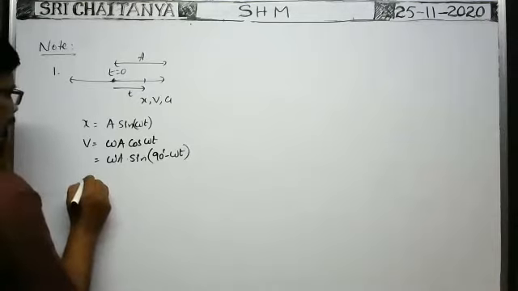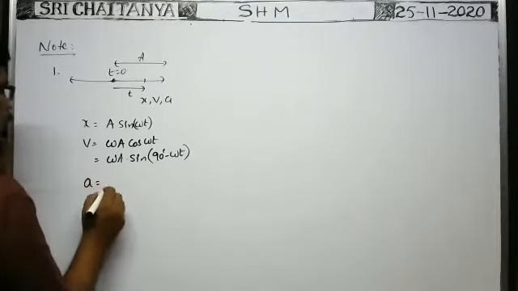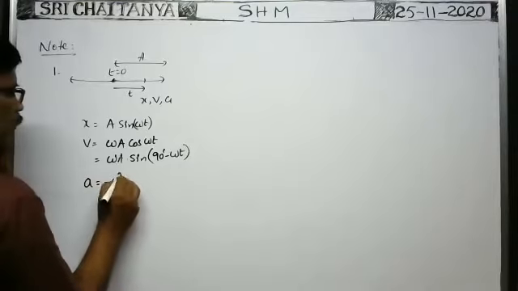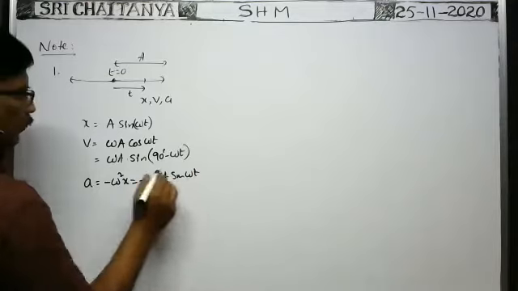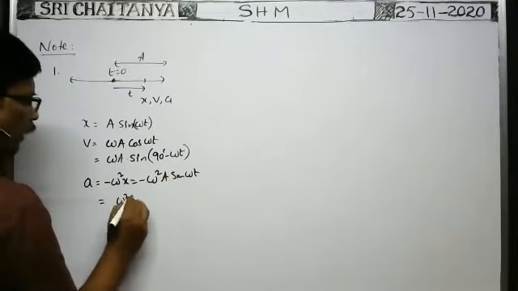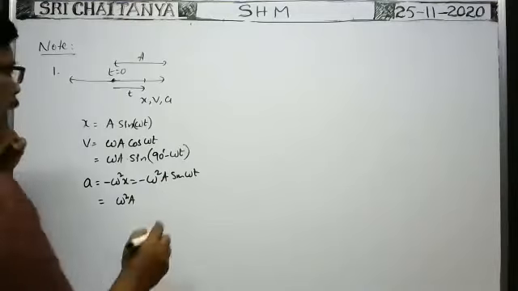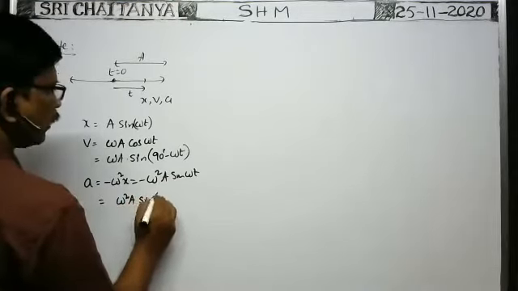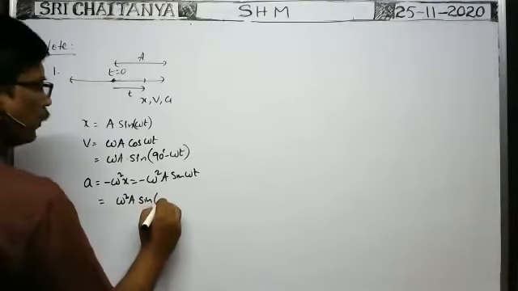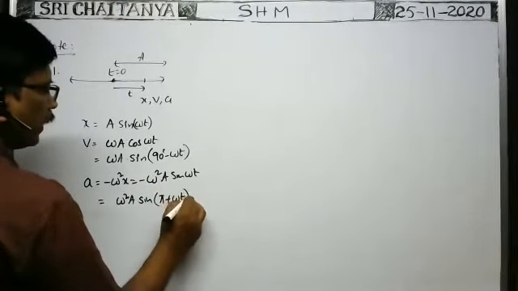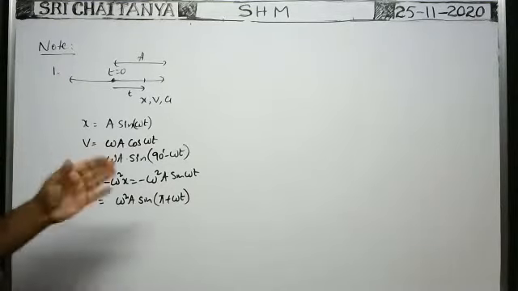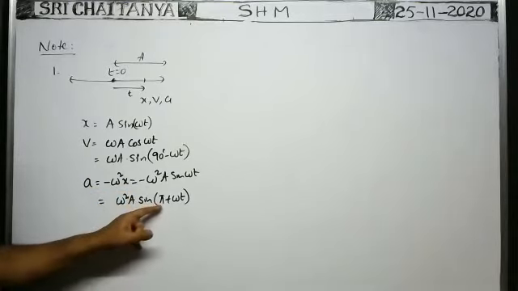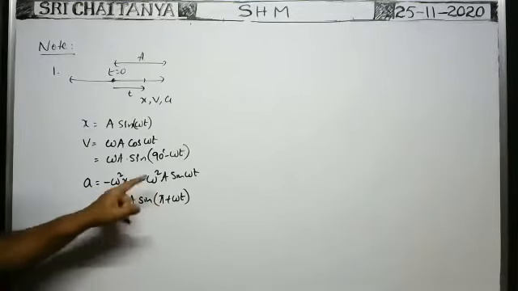Next, acceleration. Acceleration is equal to minus omega square into x. That is equal to minus omega square into a sine omega t. That is equal to omega square a into, how can we write this? Here we can write sine of pi plus omega t, because sine pi plus omega t is in the third quadrant.